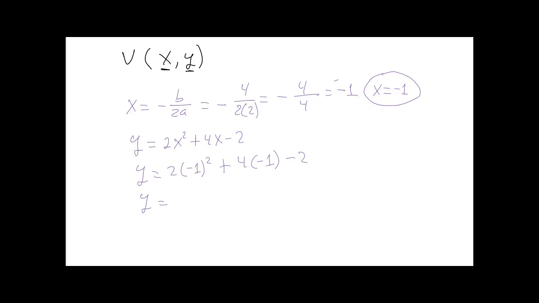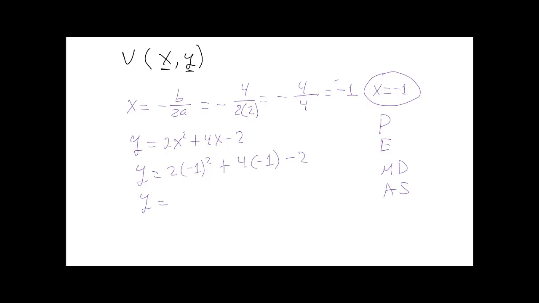Y is equal to... remember, here it is important to remember the order of operations, or PEMDAS, if you want to remember it like this. I'm going to write it here. The first thing we need to do is the parentheses, then the exponent, multiplication and division, left to right if we have both, and finally addition or subtraction.